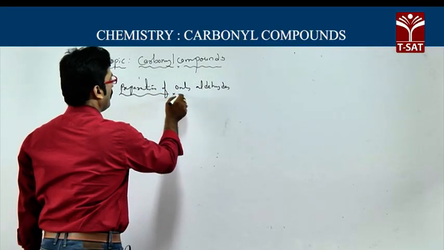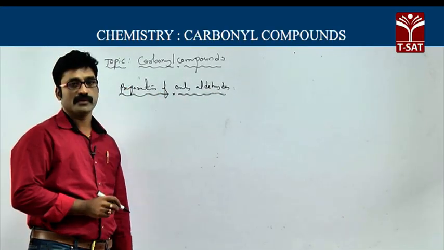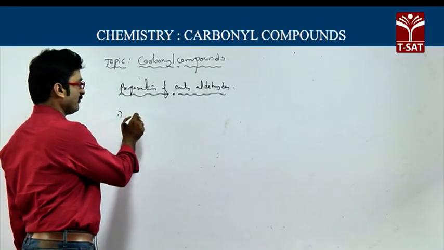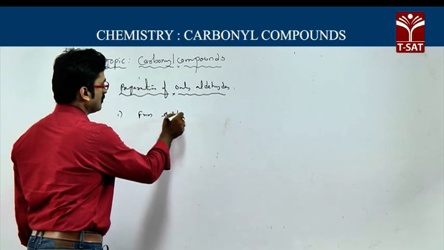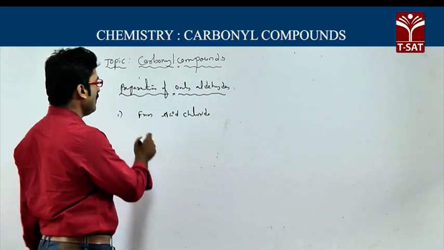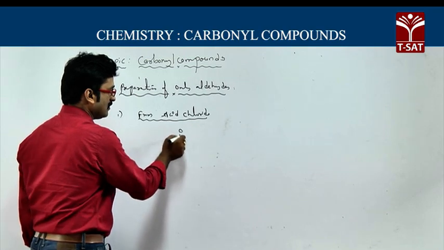Now, the preparation of only aldehydes. A few methods are there for the preparation of only aldehydes. In that, the first one is from acid chlorides, or else you can say acid halides, with C double bond O, Cl.